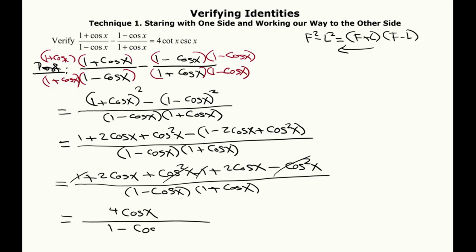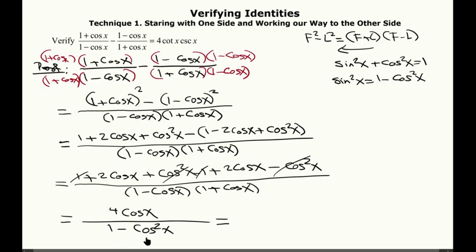So when we use this rule and apply it to this product of conjugates, we end up with 1 minus cosine squared x. And of course, from our very first Pythagorean identity, sine squared x plus cosine squared x equals 1, we know that sine squared x equals 1 minus cosine squared x. So we can go ahead and replace the 1 minus cosine squared x with one term, namely sine squared x.